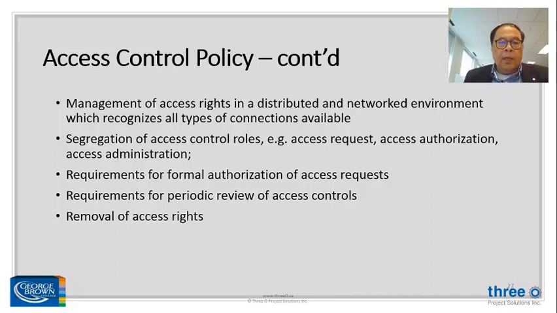And the access control policy should also talk about whether there is a requirement for formal authorization of access requests, whether people have to provide a signature or email, or you actually use an access control technology, process, or product, an application, in order to flow through. There's a workflow where someone has to read the request and then click a button to authorize and so on. And access control should also include something very important.